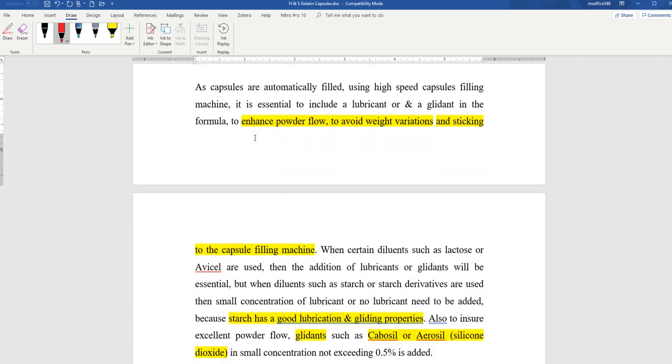Of course we need good flow, because if we don't have good flow, we will have weight variation. Weight variation means what enters the capsule shells from the formulation that I'm trying to fill can have different weights. One capsule will have low filled formulation, another capsule will have high filled formulation. So we have weight variation.